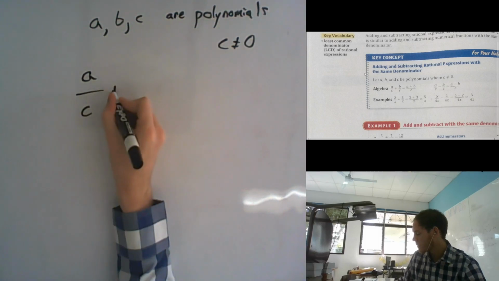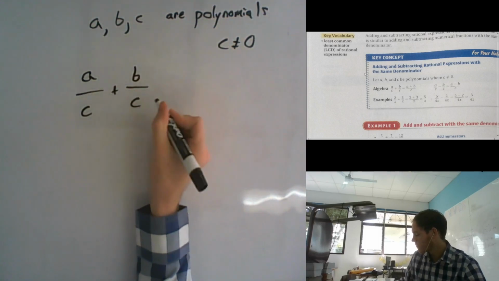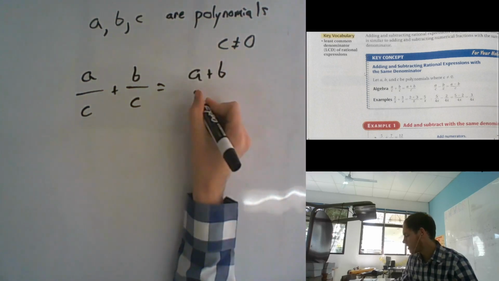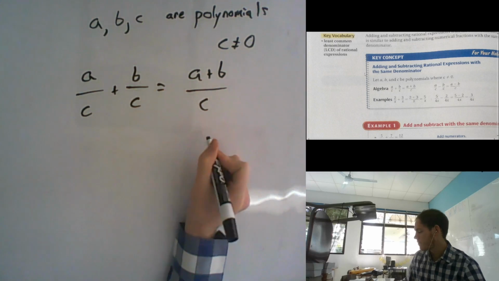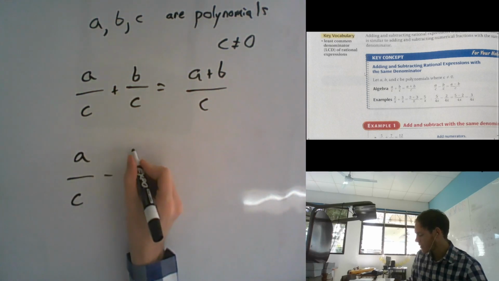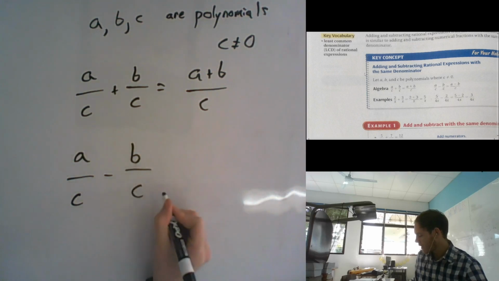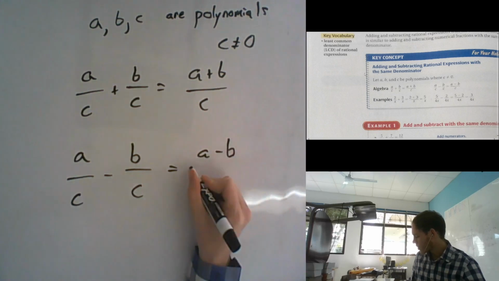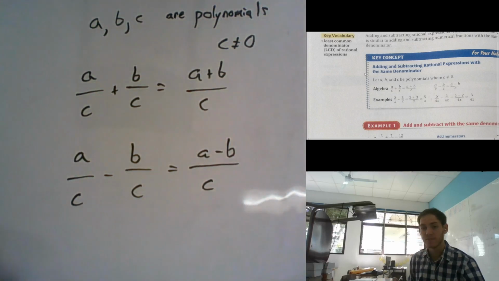So a over c plus b over c. Then as our rule with fractions, it's going to be a plus b over c. Okay? And what about subtraction? Well, subtraction is going to follow the same principle as addition, and we are going to get it all over c. Okay?